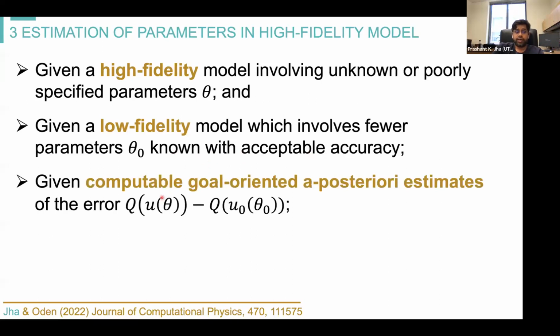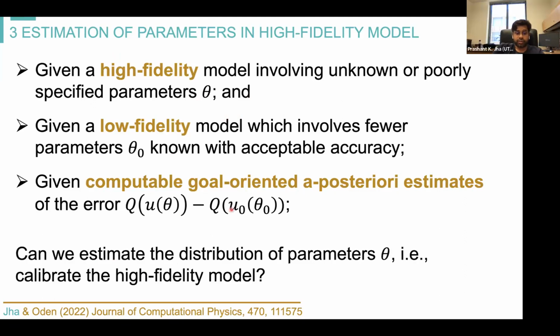And also let's say we have one of these computable goal-oriented a posteriori estimates that do not require solving the high fidelity problem fully. Then the question is, can we estimate the distribution of parameters theta in the high fidelity model? That is, calibrate the high fidelity model with these three ingredients, okay?